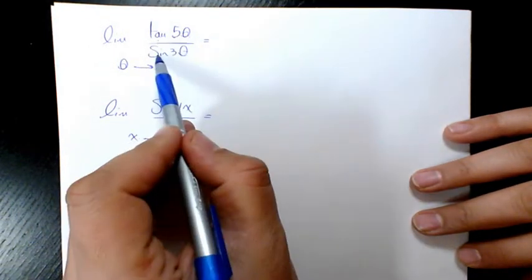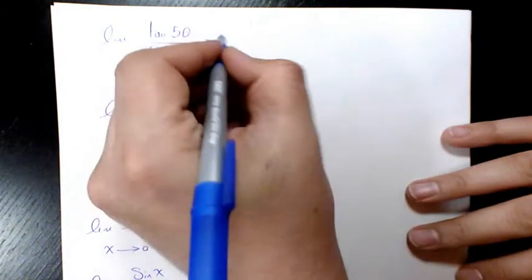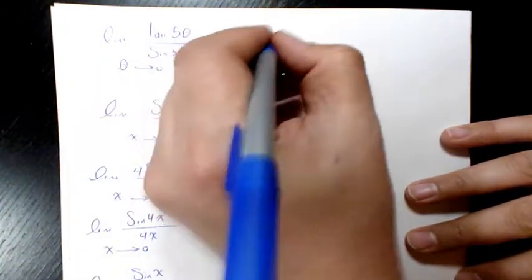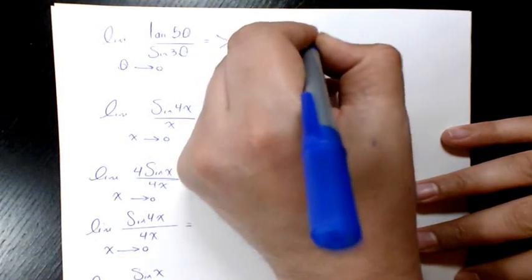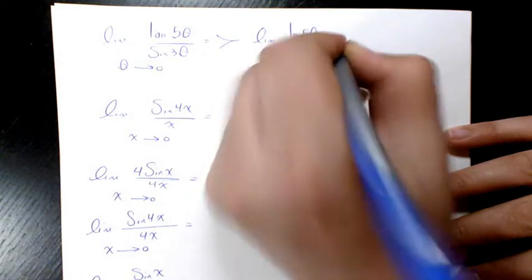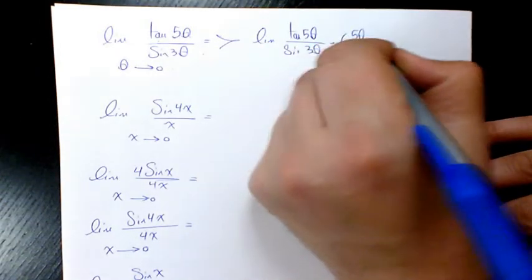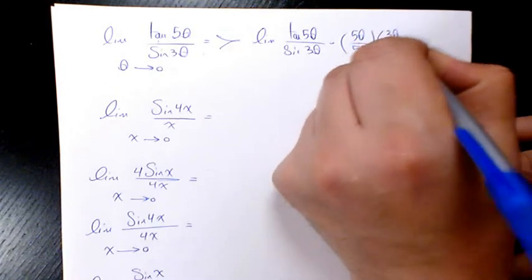Next one, limit of tan 5 theta over sine 3 theta when theta is approaching 0. You will say that you multiply both numerator and denominator by 5 theta and also 3 theta.